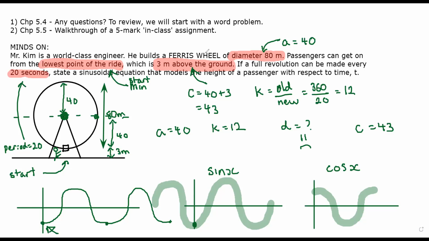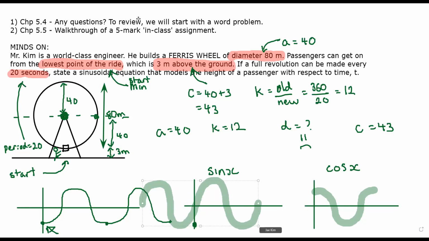If I use the cosine, I can move this 1/4, 2/4 to the left to begin at a minimum, or I can move this 1/4, 2/4 to the right to start at a minimum.